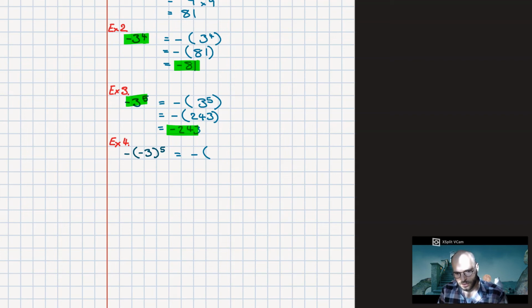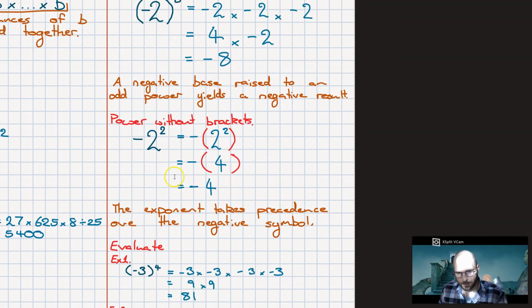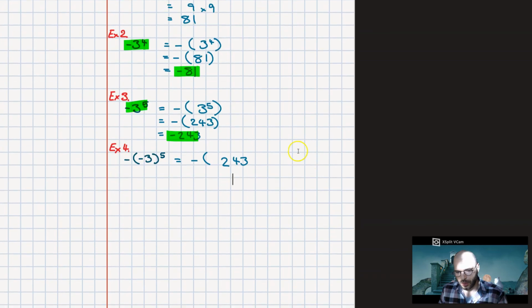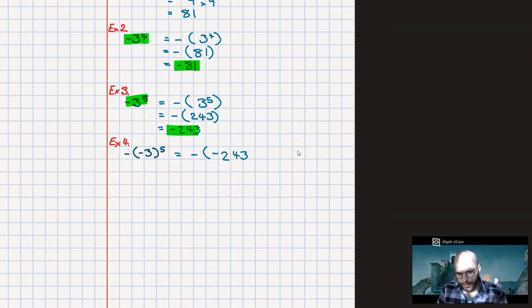We know that that's going to be 243, and because it's an odd power, we're expecting a negative result. So it will be minus 243, like that. And then opening it up, we get a double negative 243. So that's going to yield a positive result, like so.